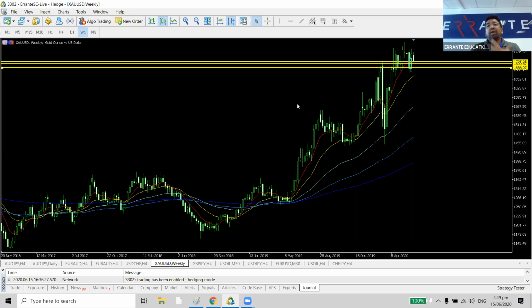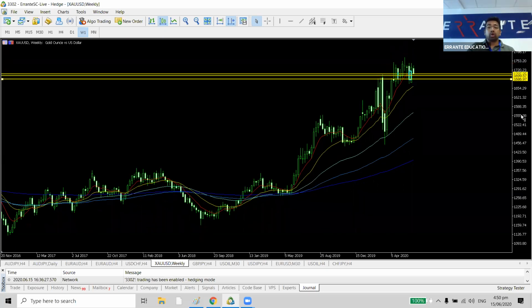Because the bigger boys want to buy more gold and put it in their central banks as assets, of course they want to keep the price low for them to buy. Hence the reason you cannot see gold's prices really going up and riding the trend. It goes up a bit, comes down a bit, but overall it is still giving you a lot of ABCD in the long term for it to go up.